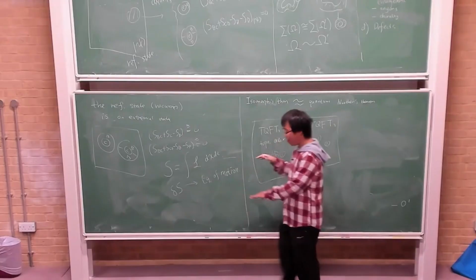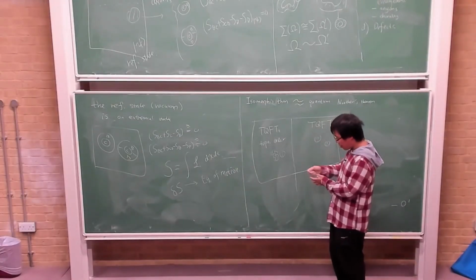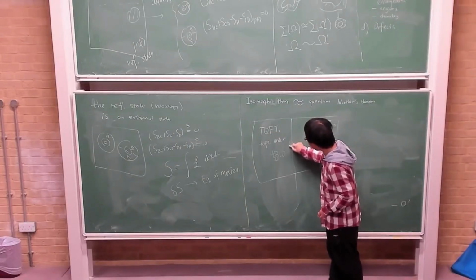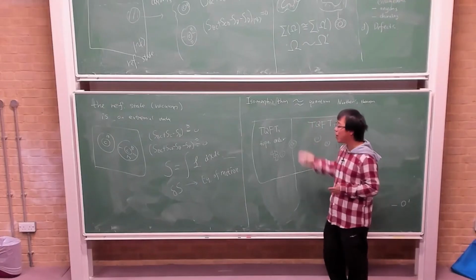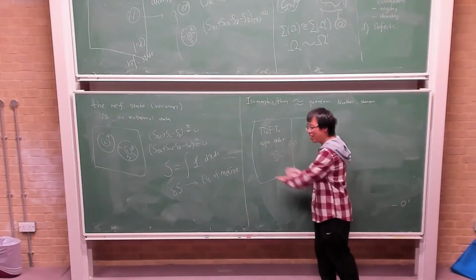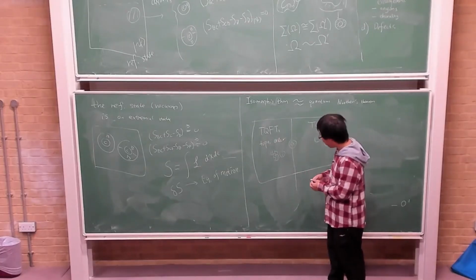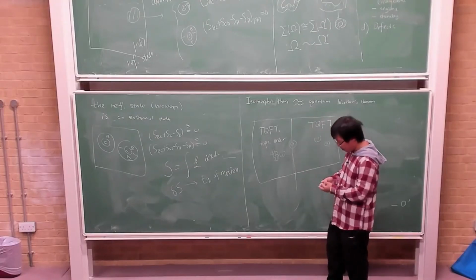You find 0, 0, so everything looks okay, and you say, oh, this is smooth. But if our framework is correct, there must be something different happening on the domain wall. Otherwise, we won't be able to detect it. We will say, oh, those are the same gapped phase. That's incorrect. So in fact, there must be some violations on this domain wall.